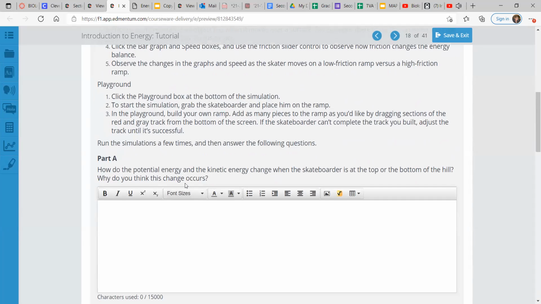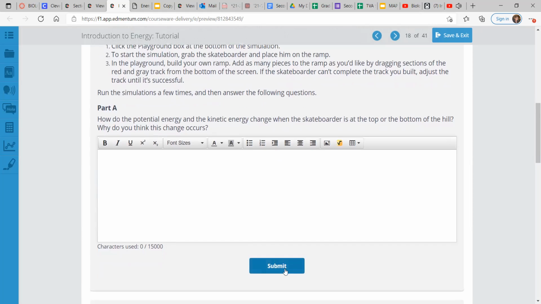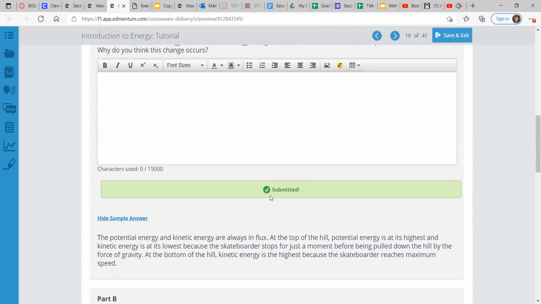Part A: how do the potential energy and the kinetic energy change when the skateboarder is at the top or the bottom of the hill? Why do you think this change occurs? Well, the potential energy and kinetic energy are always changing. The total energy is the same, however, its form changes. Sometimes there's more potential energy, sometimes there's more kinetic energy.